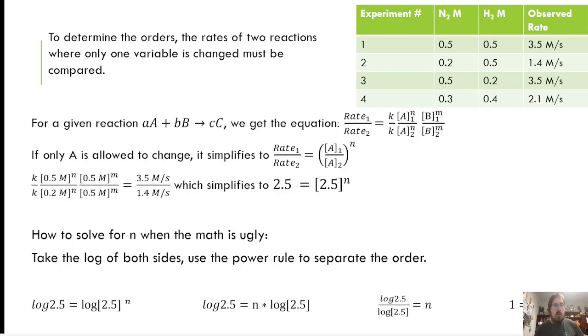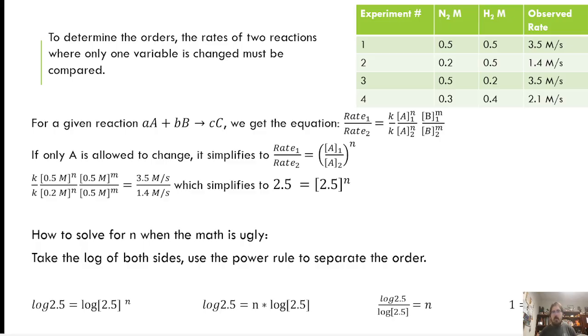So to determine these orders, the rates of 2 reactions will be measured, where only one variable is allowed to change and thus be compared. So we're going to set a relationship between the two rates and the two rate laws. The brilliance being, since the orders will not change and the k's will not change, anything that is identical on top and bottom can be simplified.